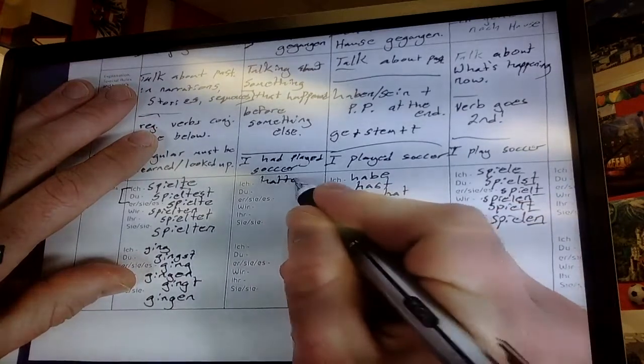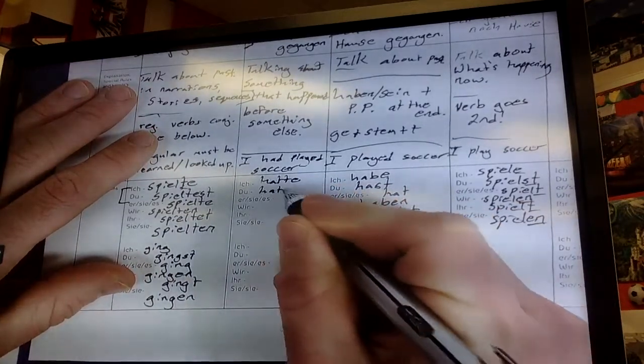I'm going to conjugate hatten and waren quickly.